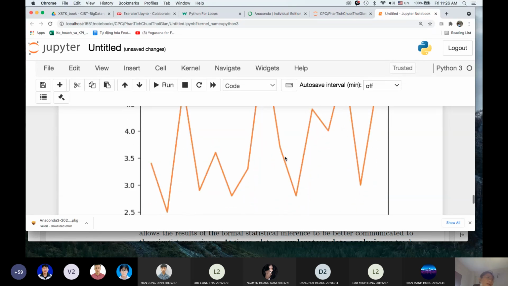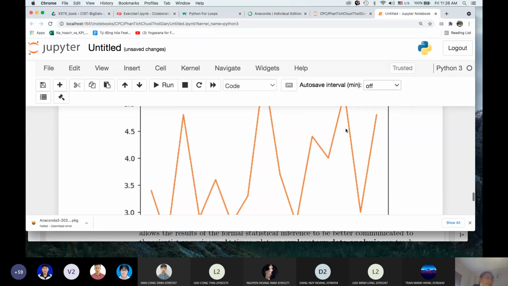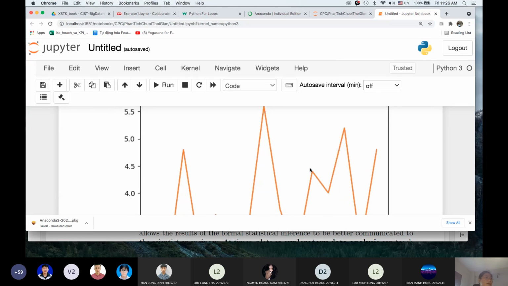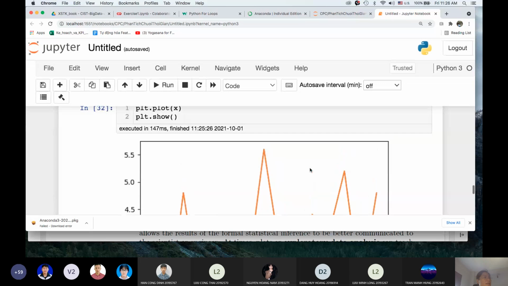From this data, we see the mean, the max, and the values range from 2.5 to 5.8. Okay, following this figure, it's quite big.